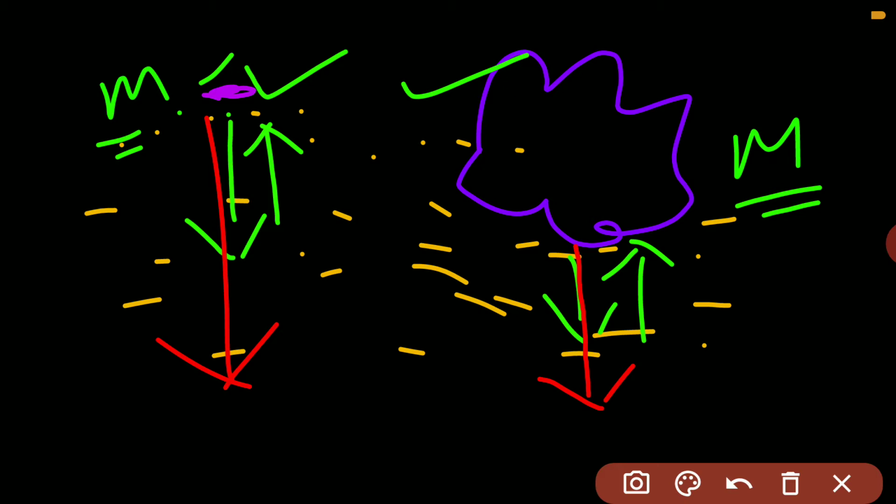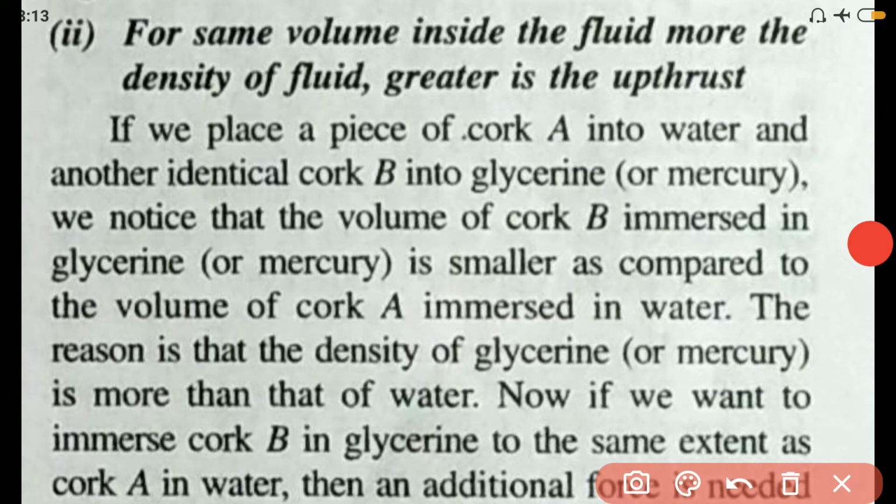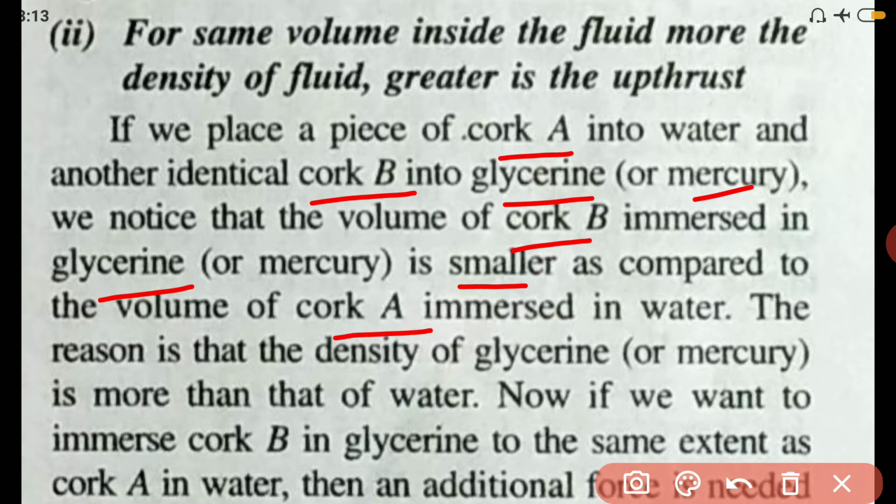Now we can go to the next point, that is point number 2 from your book. For same volume inside the fluid, more the density of liquid, greater is the upthrust. If we place a piece of cork A into water and another identical cork B into glycerin or mercury, we notice that the volume of cork B immersed in glycerin is smaller as compared to the volume of cork A immersed in water.